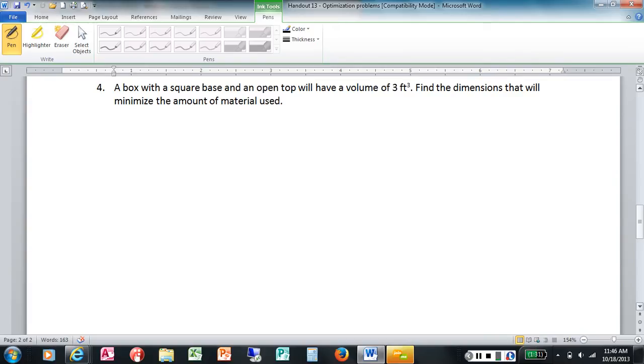All right, so let me see if I can draw one of these guys. So I've got a box. The top's open. So there's my top. So the base and the top is square.